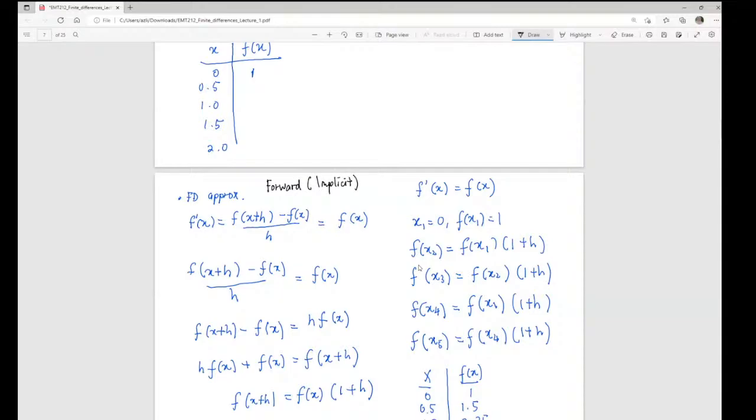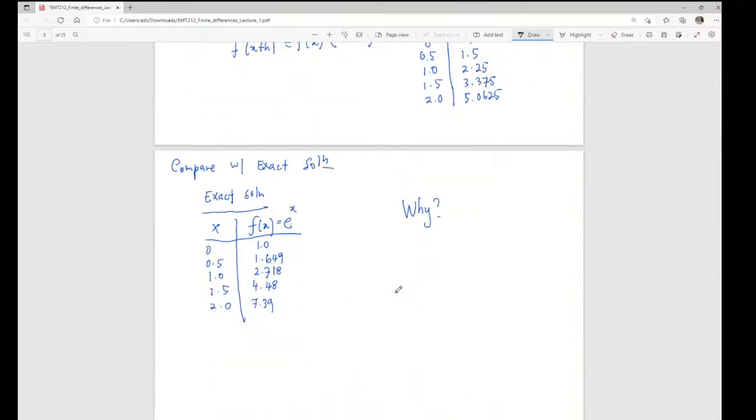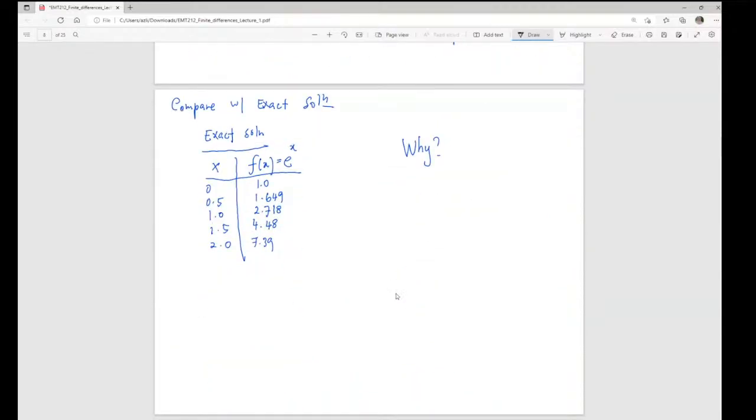There's also another formulation that is backward, or we call it explicit.